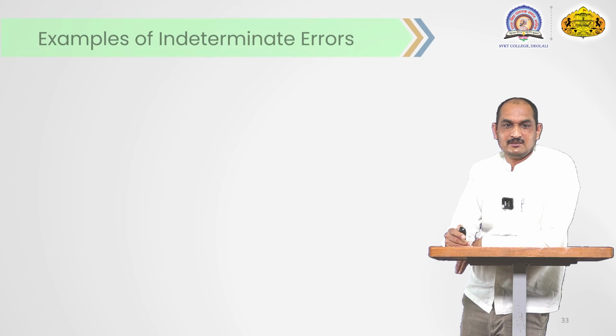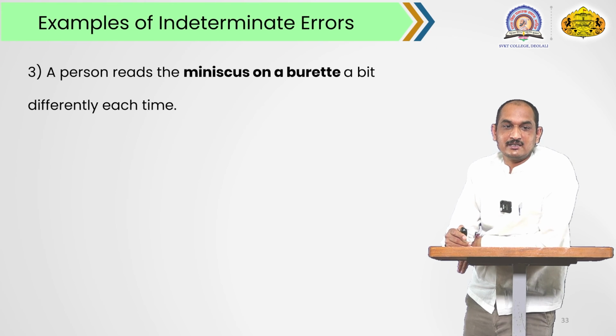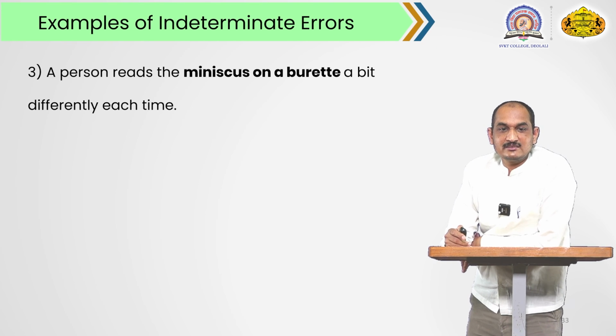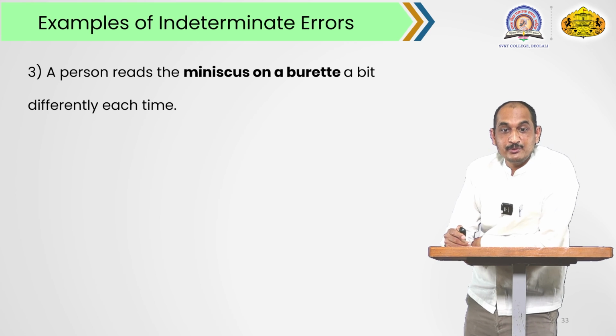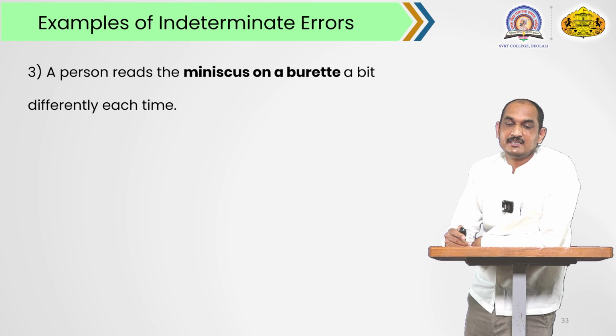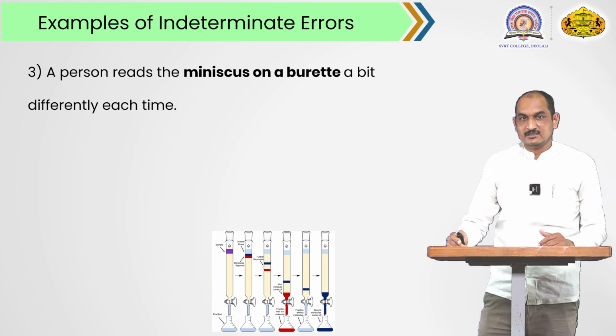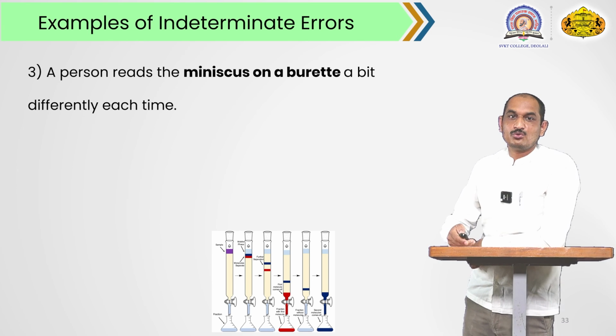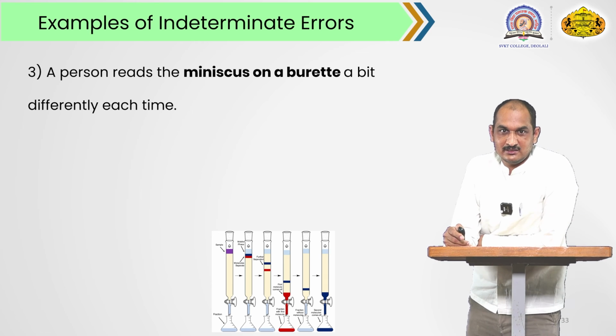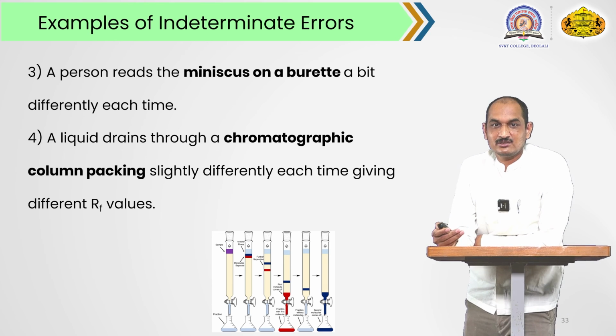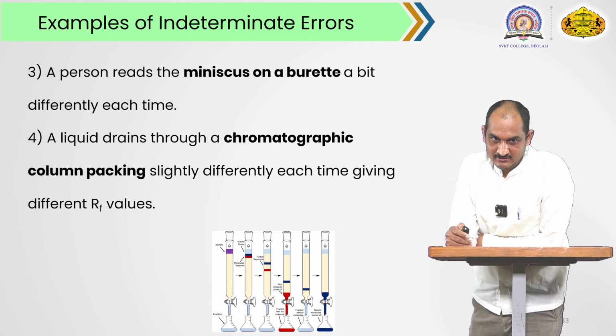Another example is that a person reads the meniscus on a burette a bit differently each and every time. As said earlier, there is confusion about how to take a burette reading, whether as the upper meniscus or the lower meniscus.